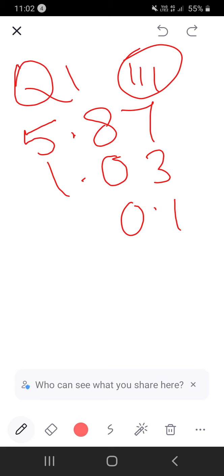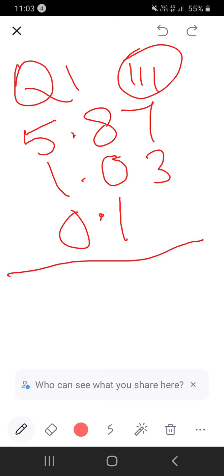So children, basically you do the addition in this way, but the addition of decimal numbers is a little different. You cannot write like this. You have to write the decimal numbers just below each other. So the 0.1 we can write like this. Okay, then you have to draw a line.